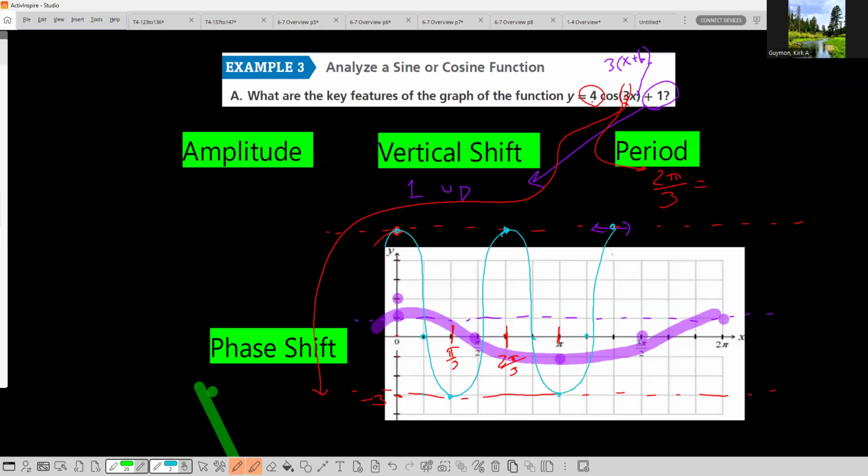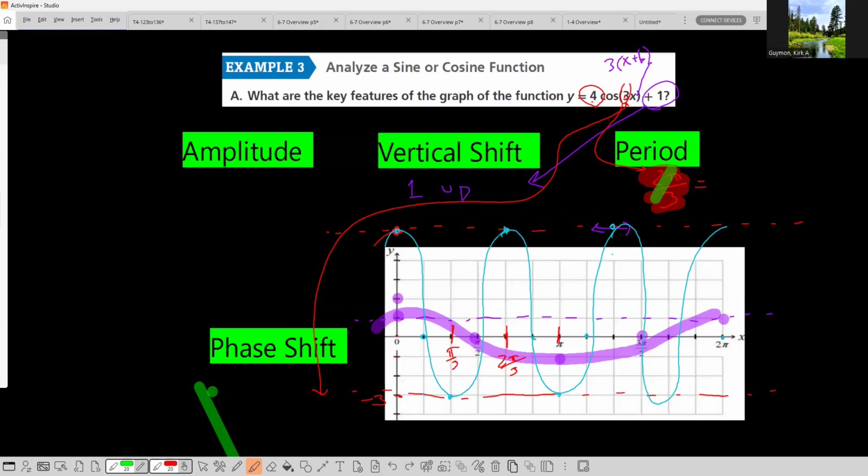And then I'm trying to get 3 cycles in before we get to here. Then we're going to be the 3rd cycle over there. 3 cycles of the graph, each one of them being 2/3 of a pi for the period. The phase shift left and right, we don't have any.